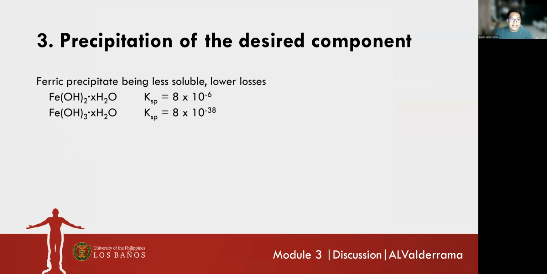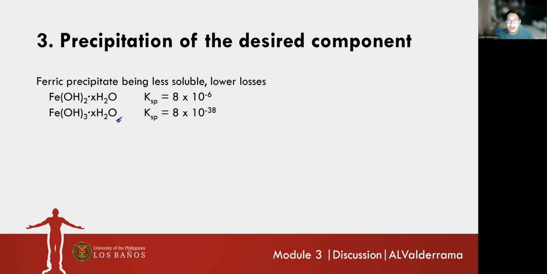But before we proceed to that, let's focus more on why we chose ferric ion instead of ferrous ion. For ferric hydroxide, the KSP value is 8 times 10 to the negative 38, whereas for ferrous hydroxide, the KSP value is 8 times 10 to the negative 6. Okay? So the higher the KSP value, the more tendency it is to be soluble in the solution.